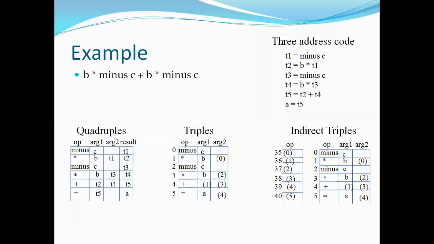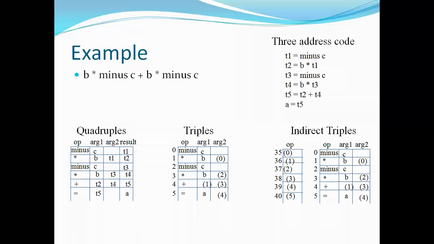That means whatever references we have for the computations are all made separately, and again those are all stored in a symbol table. And this indirect triple is similar to the quadruple representation. Both indirect triples and quadruple representations are similar as far as utility is concerned.